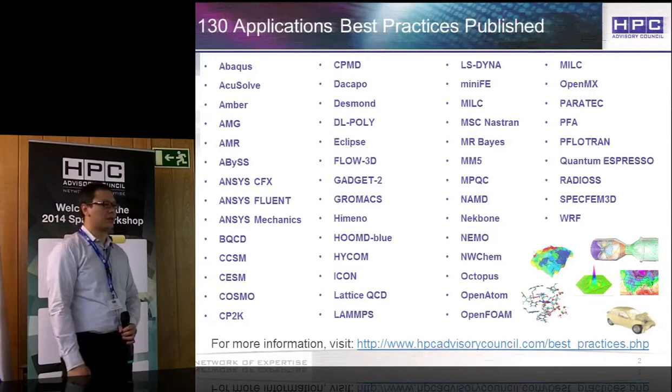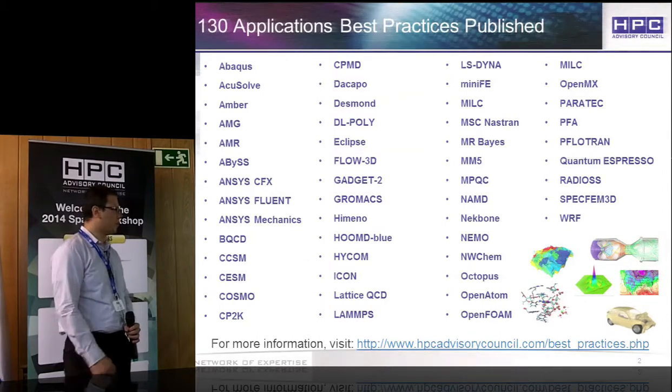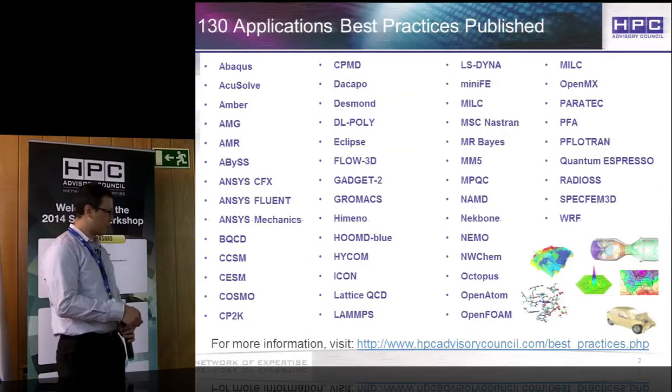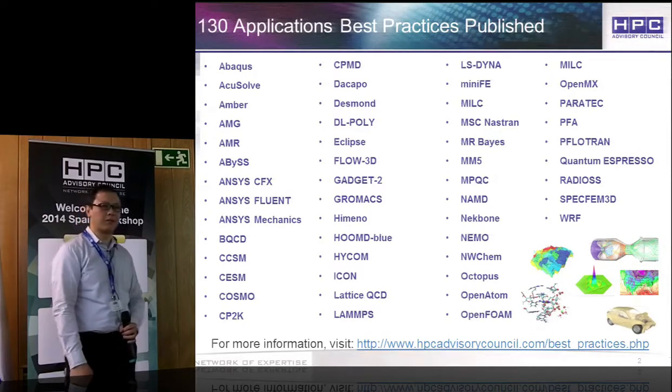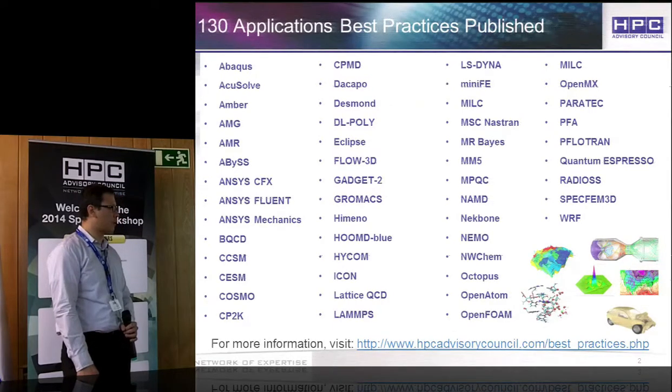As Brian mentioned earlier, there are 130 plus HPC applications that we have done in the past. There's supposed to be a URL way down here, so you can actually find it on our webpage. So if you're very curious to know about all these applications that are listed here, plus more, you can go to the URL.